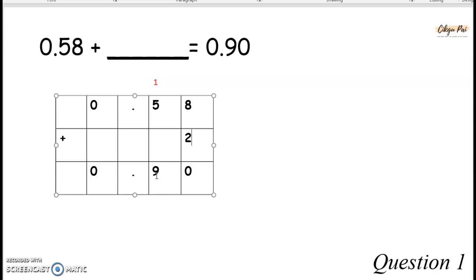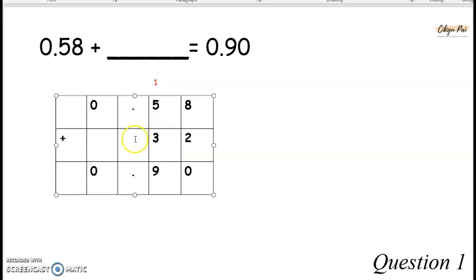To make it 9, how many new fingers do you open? 7, 8, 9. So you open 3 new fingers. So the answer is 3. Let's check the answer. 1 plus 5, 6. 6 plus 3 is 9. So the answer is correct.